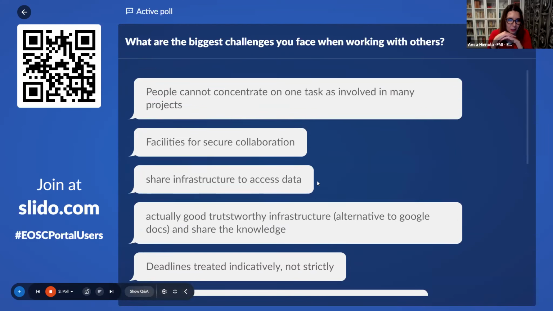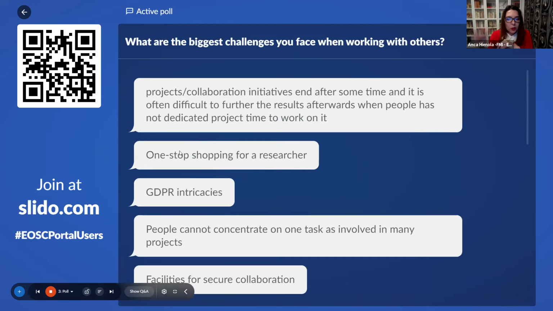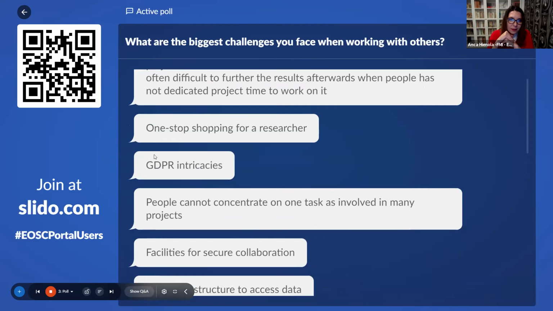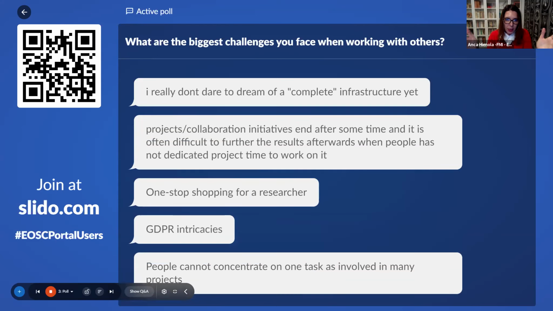Especially when it's cross-country collaboration, it's very difficult to share data. And on the project platform, you put everything there, and only your colleagues from the project can access and work on that data.